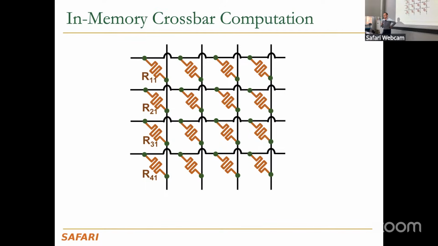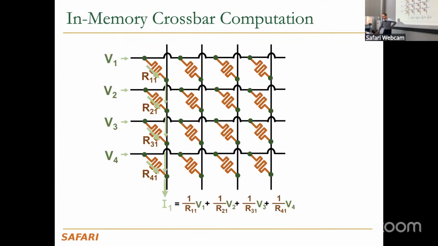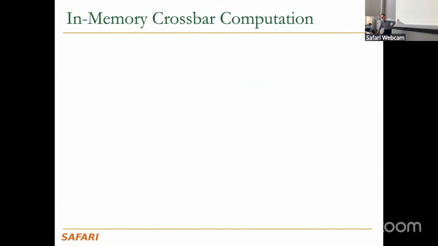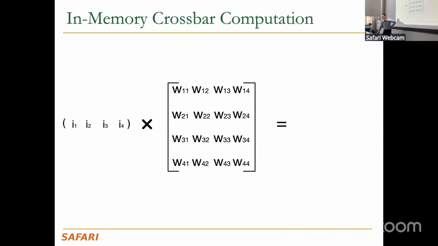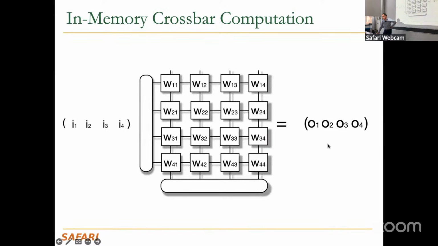You can have fine-tuning based programming of these values, and then you supply the vector as voltages, right? And this is the result. That's Kirchhoff's laws, basically. If you didn't know, now you know what Kirchhoff's laws are. And this is how you can represent a matrix vector multiplication. So you will hopefully get the outputs correct. That's the idea. You just need to program the weights nicely into this matrix.